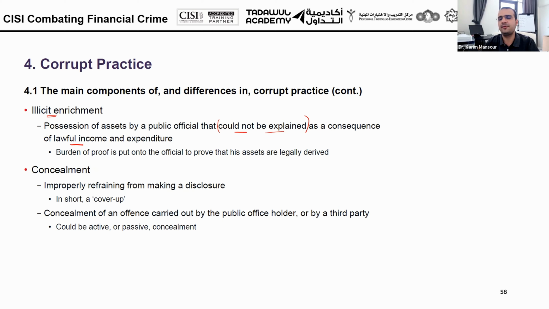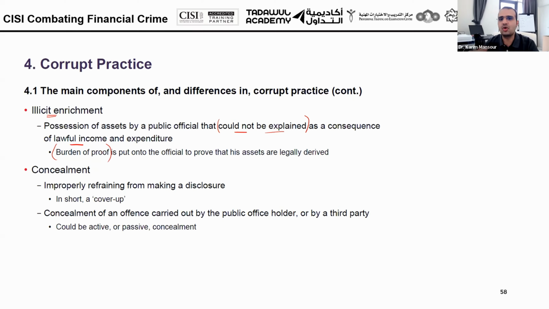And it is not the responsibility of the law to prove that that was obtained illegally. No. The responsibility is on you to prove that you got it legally. Because this is something that's called the burden of proof. Again, something that is in law, something that is argued probably more than anything.